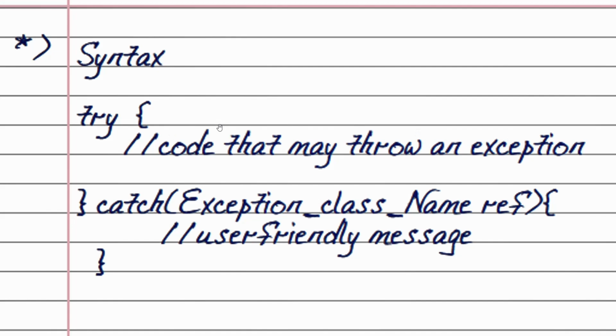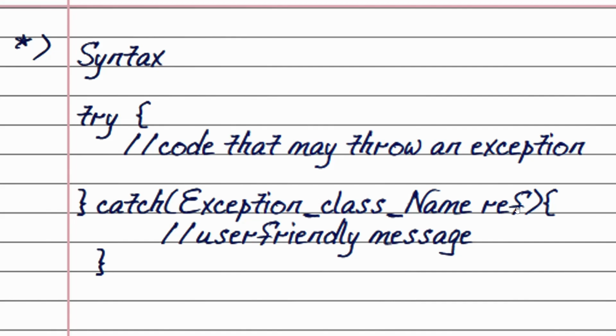Then we write the catch keyword, and in the parameters we write the exception class name. The exception can be of many types, such as arithmetic exception, IO exception, that is input output exception, null pointer exception, or array index out of bound exception. It can be any type of exception.